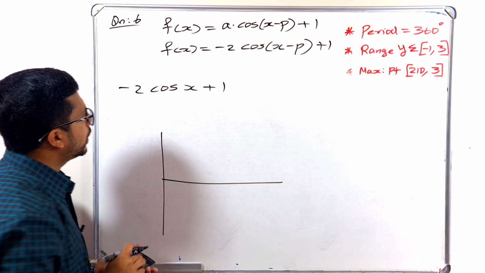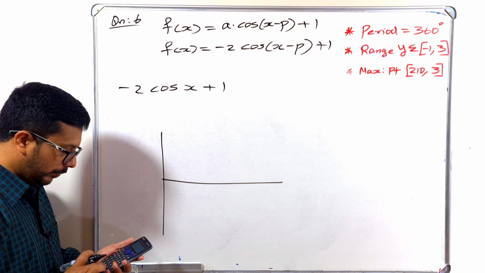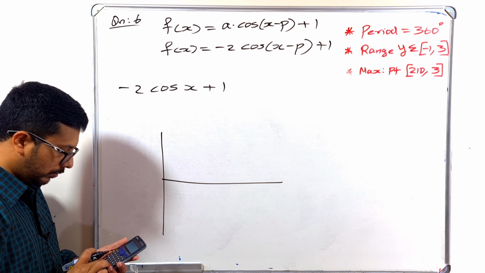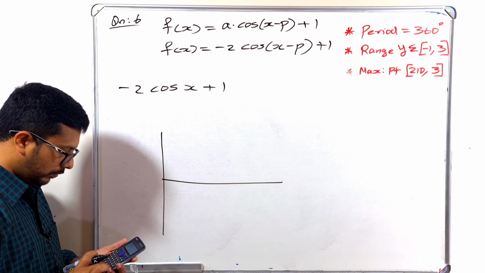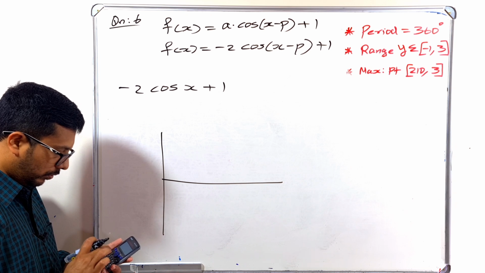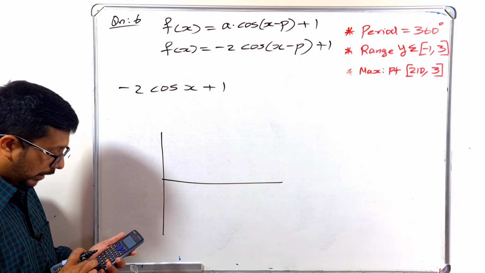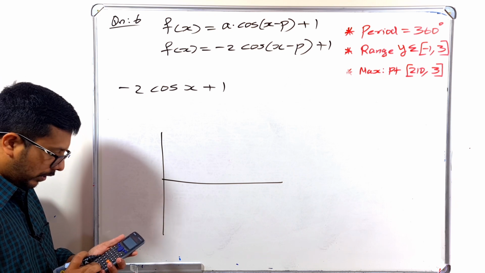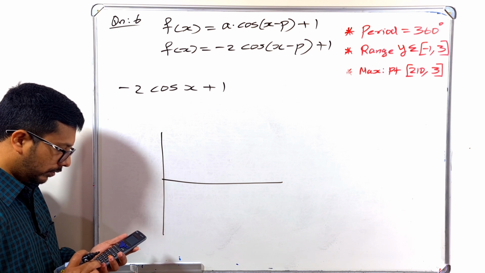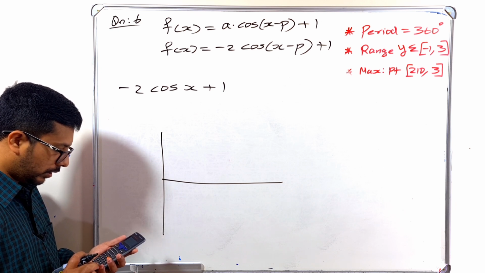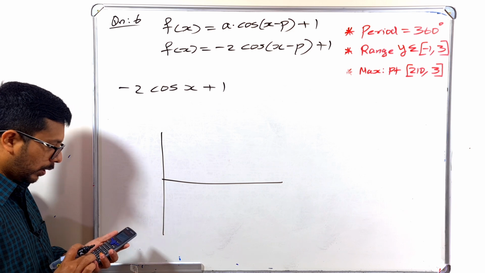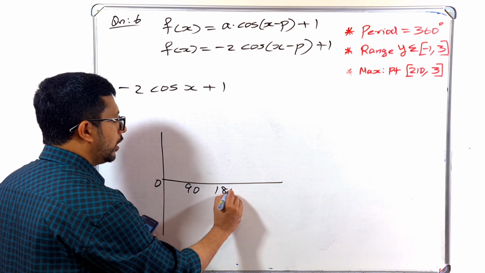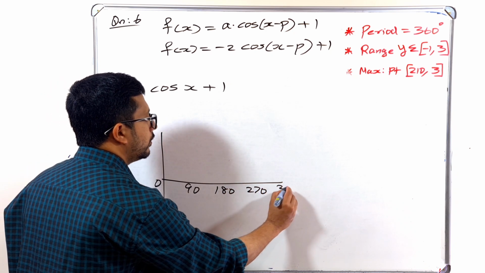Okay, I'm trying to draw that graph. Okay, so let me type it there, -2 cos x plus 1, starting 0, 360, 90. Okay, so it is for 0, 90, 180, 270 and 360.